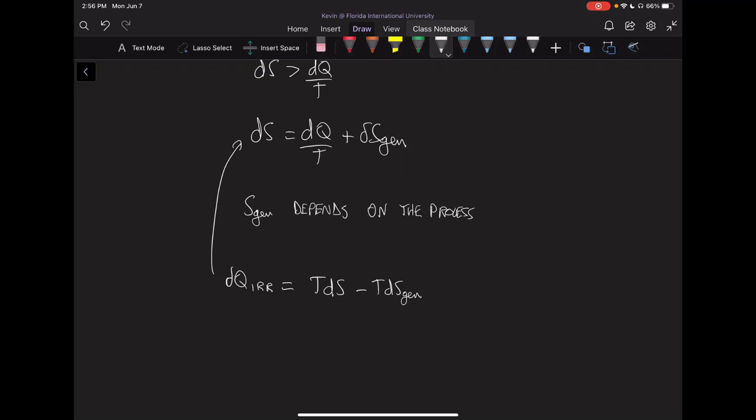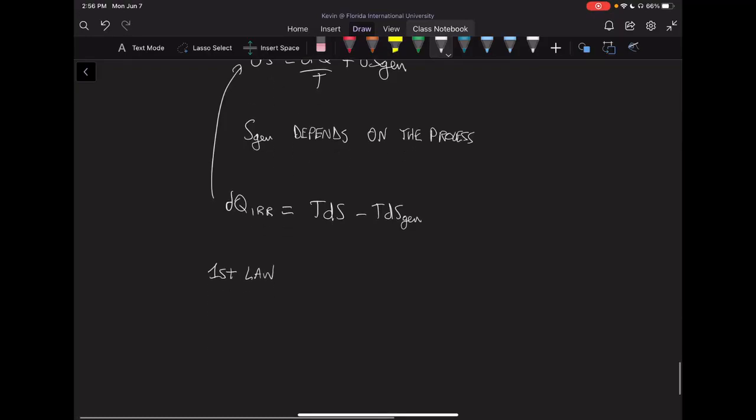And if we remember, if we apply the first law to a system, we say that TdS is equal to dU plus pdV, from the fact that we have dq minus dW is equal to dU. Okay, just rearranging it, and dW would be turned into pdV.